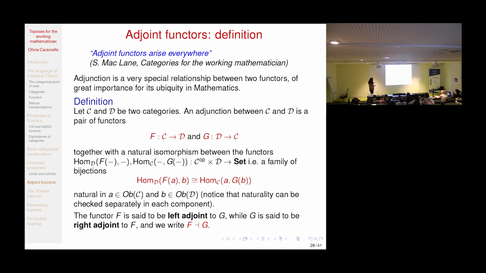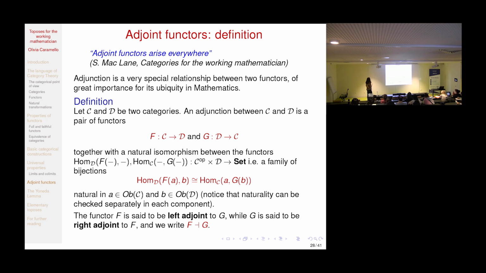And the requirement is that such bijections should, moreover, be natural in A and B. Natural in the sense that if I change them by means of an arrow, this should give me naturality squares.